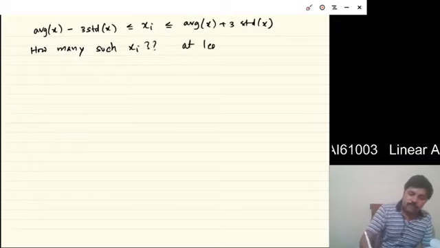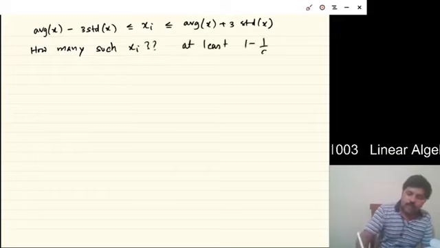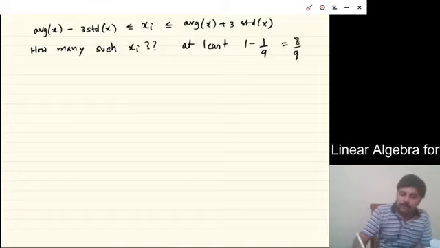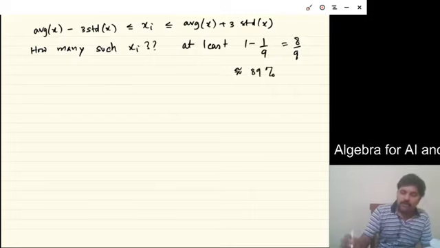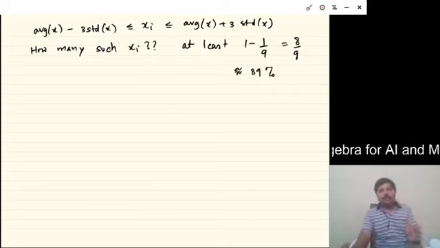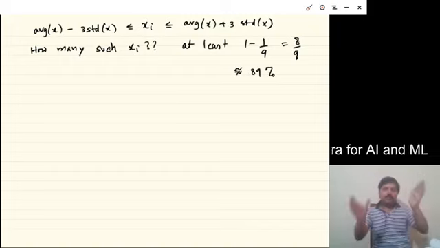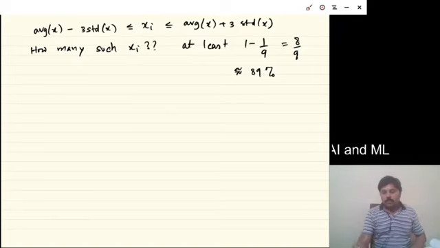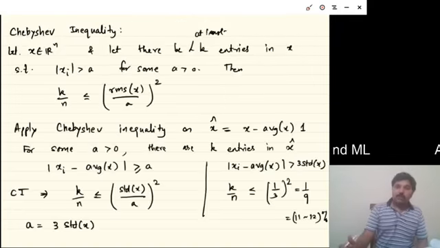At least 1 minus 1 by 9, that is 8 by 9 of the total entries, which is nothing but roughly 89%. So at least 89% of the entries have to lie within this interval. This is a very good result, right?